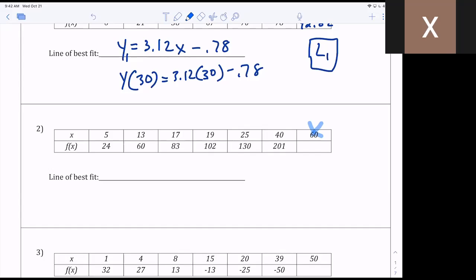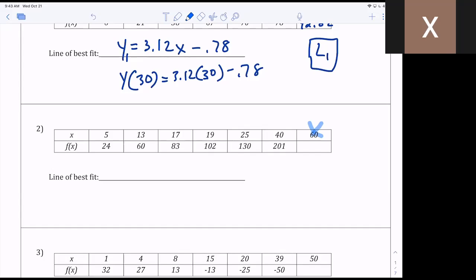Everybody good with that? Okay, so now what I want to do is hit zoom, and then go down to stat plot, which I believe is 0. Or is it 9? Thank you. Zoom 9.